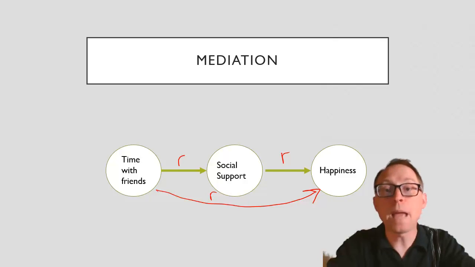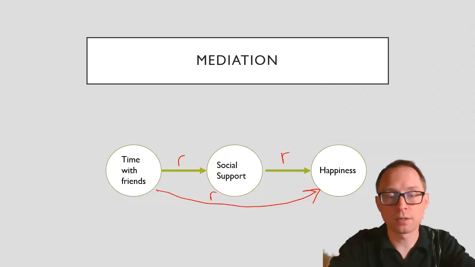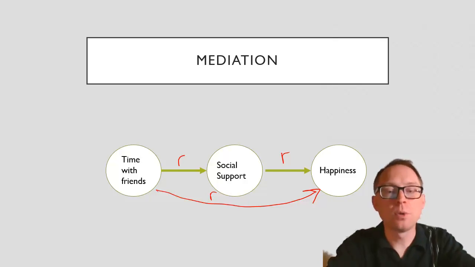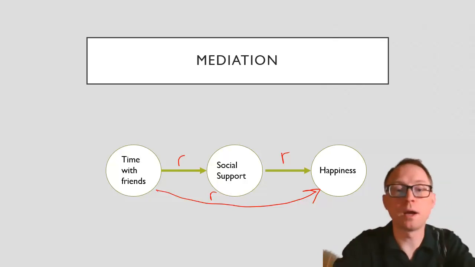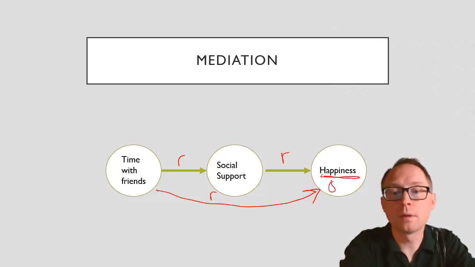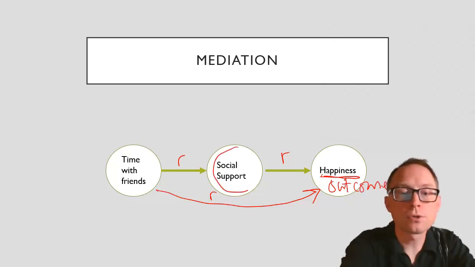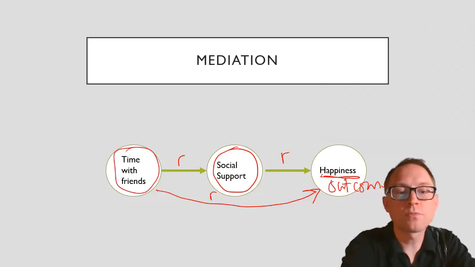So what we do in a multiple regression is, after we run the multiple regression, we want to see the betas and whether the betas are significant. So how many betas will we have when we run a multiple regression with this model? We will have 2 betas because we have 2 predictors. Happiness is the outcome. Social support is a predictor, and time with friends is a predictor.